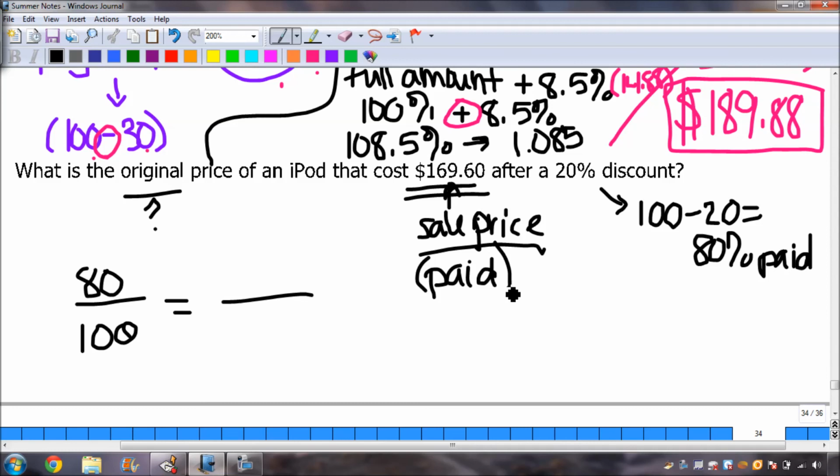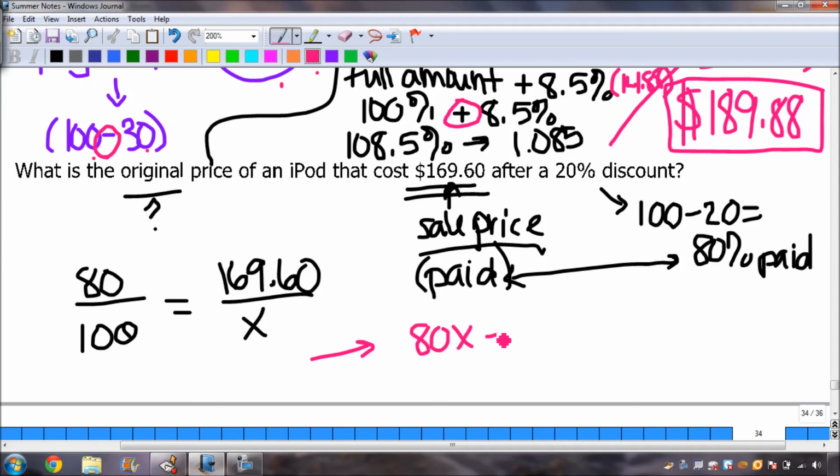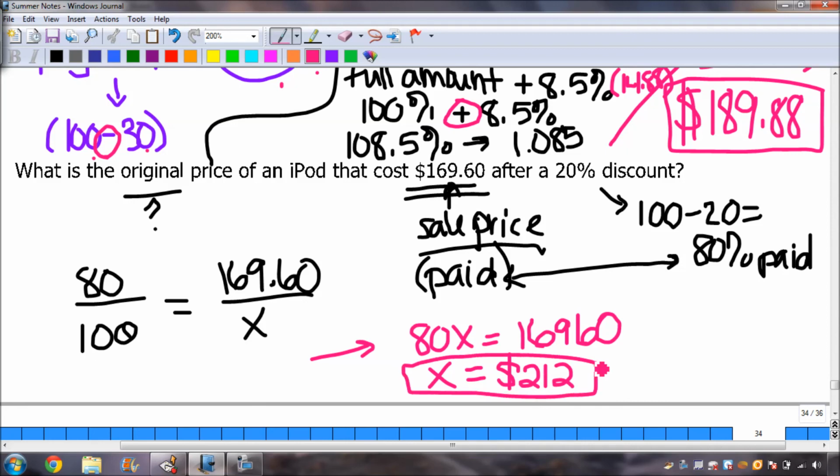So this is equivalent to the 80%, so this should go on top. And then you don't know what the final price is. So when you cross multiply, you end up getting 80x equals 16,960. Divide everything by 80, you end up getting x equals $212. So the original price was $212.